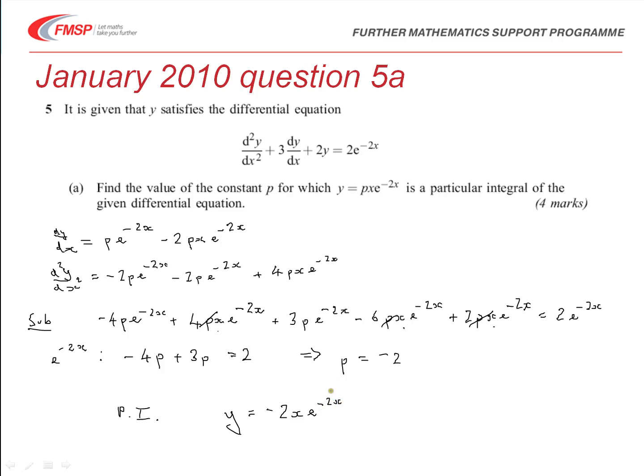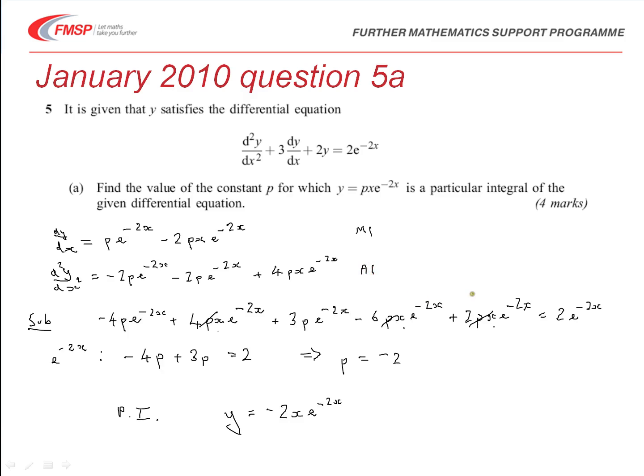Okay, 4 marks here for doing this particular question. So obtaining dy by dx will give us a mark at this point. Similarly, obtaining an answer for the second differential will give us 1 mark.